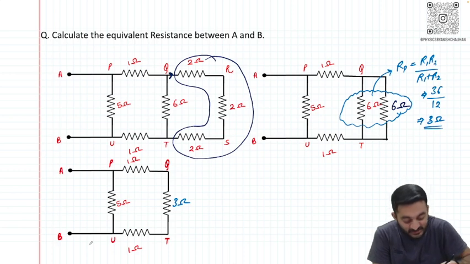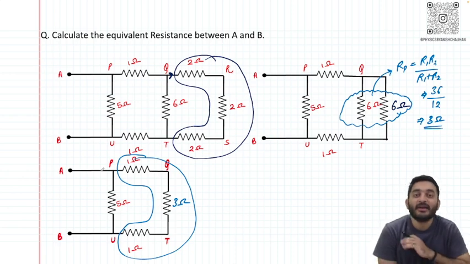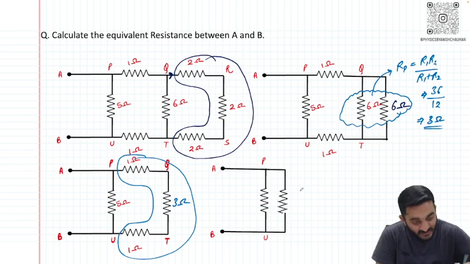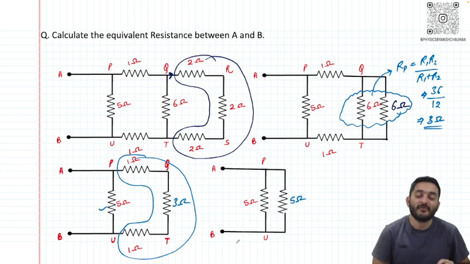Now what we can suggest, again I can see PQ TU, this part again looks like in series. So again if I redraw my circuit, I will see that 5 ohm is actually present over here between P and U, and this part 3 plus 1 plus 1 is going to give me 5 ohm. Now I don't think I have to again redraw it.